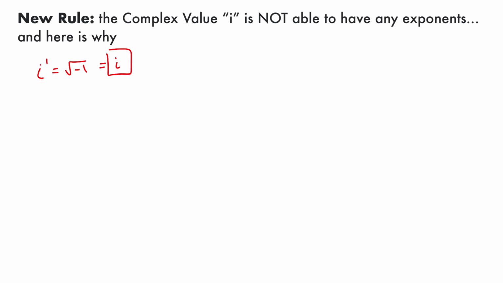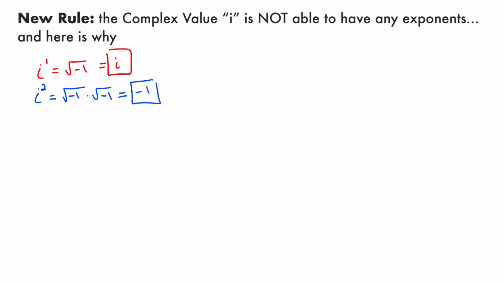Because the next thing I'm going to do is find i to the second power. Well, that's just the square root of -1 times the square root of -1. And according to what we just got done doing, if you ever multiply a square root times itself, it's equal to the value underneath it.